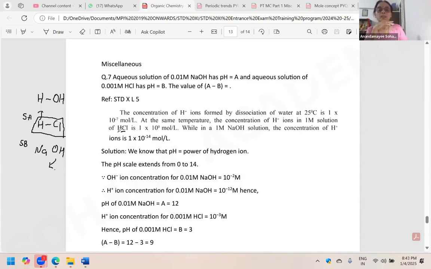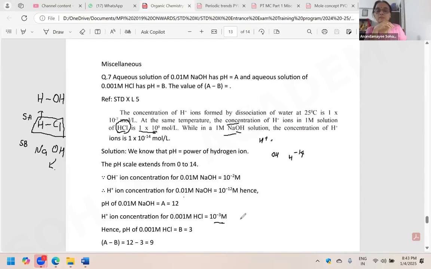म्हणजे HCl मध्ये H plus ion कॉन्सन्ट्रेशन हे 0 असणार आहे आणि NaOH मध्ये OH ion कॉन्सन्ट्रेशन 0 आहे म्हणून H ion कॉन्सन्ट्रेशन -14 असणार आहे आणि HCl मध्ये H ion कॉन्सन्ट्रेशन 0 असणार आहे. Because this is a strong acid and this is a strong base. So if 1 molar is 0, then 0.001 molar will be -3.